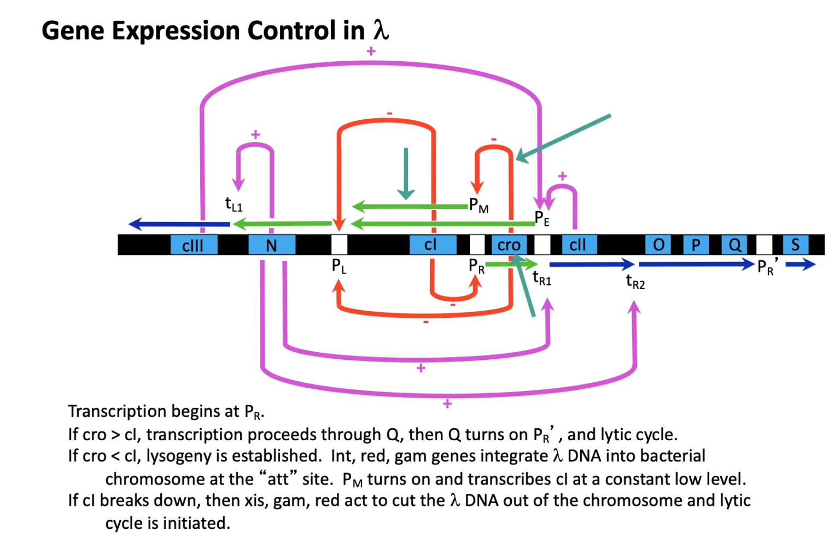leftward transcription. And if you make CI, it will inhibit the transcription to the right at the PR promoter. Past that, you have Cro also affecting promoter PL, CI affecting PL in a slightly different way.